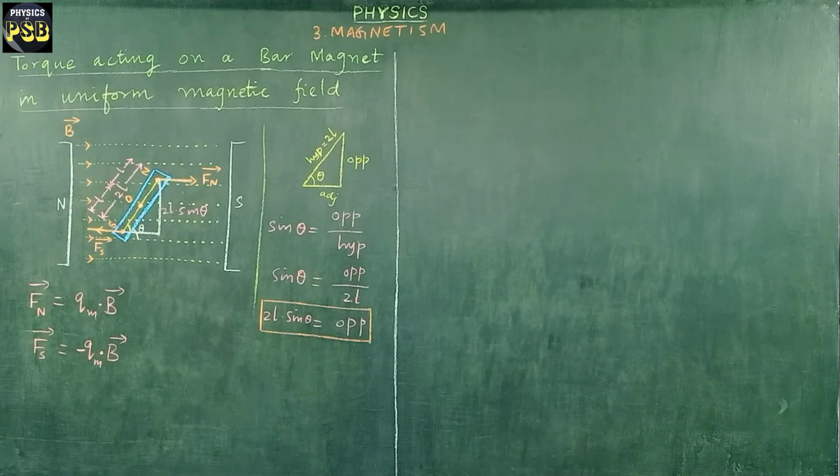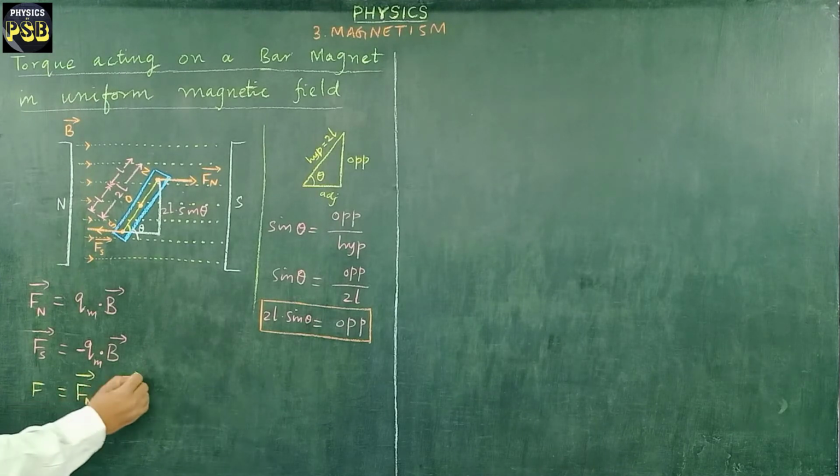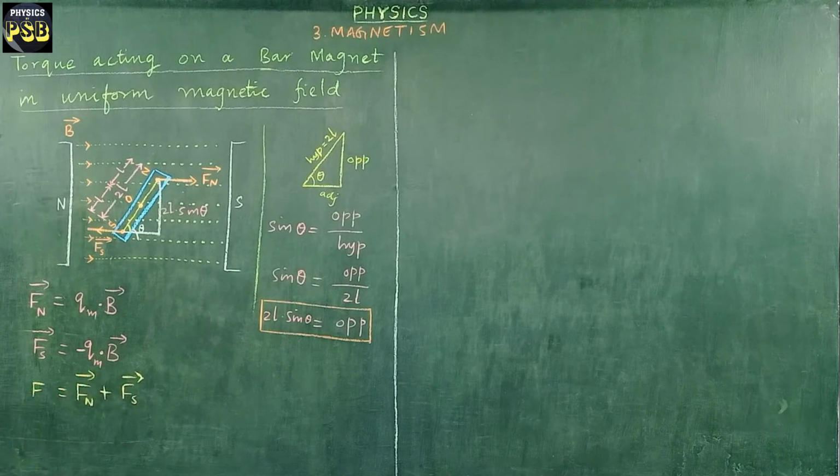Clear? Now, to get the total force acting on this magnet, I need to add these two forces, Fn vector plus Fs vector. Now the total force is represented by the letter F vector. It is the net force.